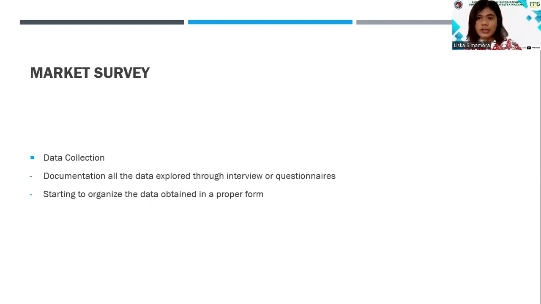So we have to give the rows and the columns proper names, so the reader of your data can understand it easily. The reader could be your team member, your supervisor, or your clients. So you have to organize them in a proper way.